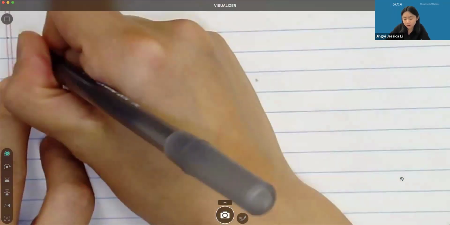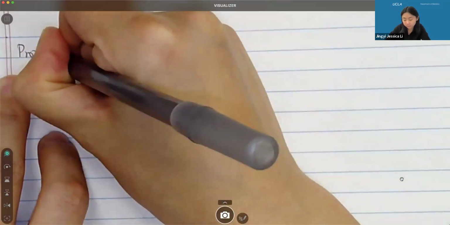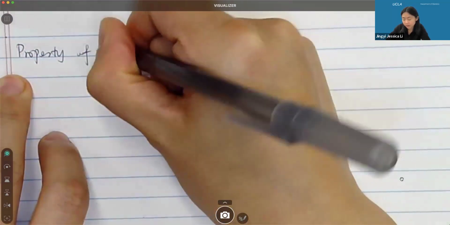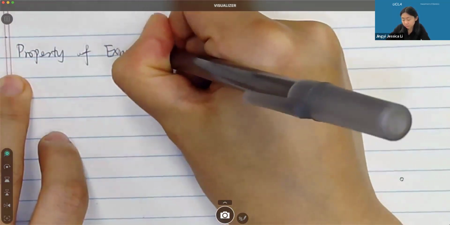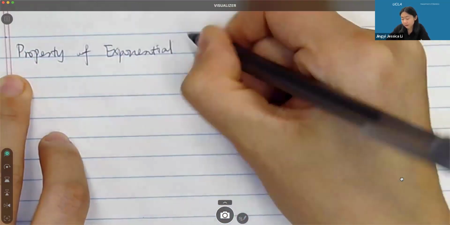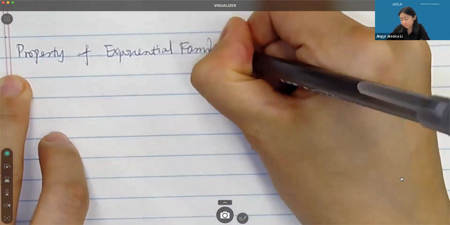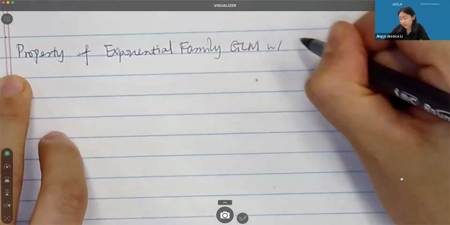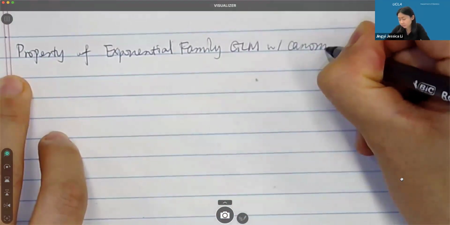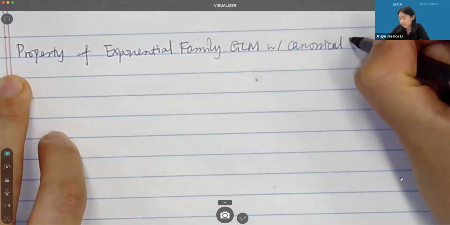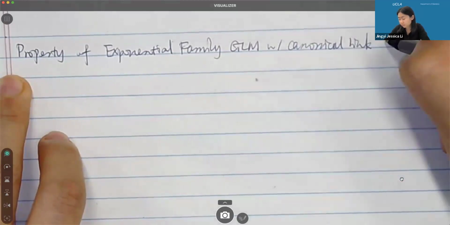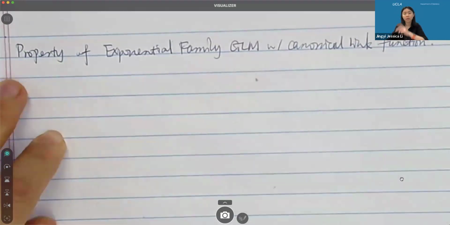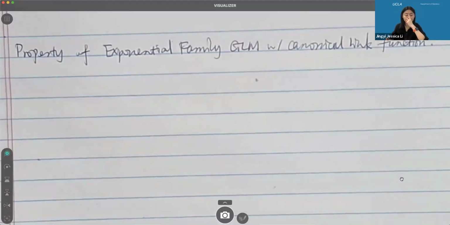This is a property of exponential family GLMs with canonical link function. What is this property?